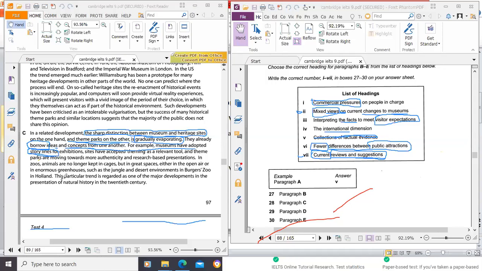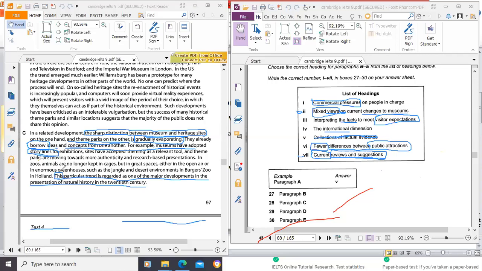This particular trend is regarded as one of the major developments in the presentation of natural history in the 20th century. But anytime you see this, it's a word you use to point.